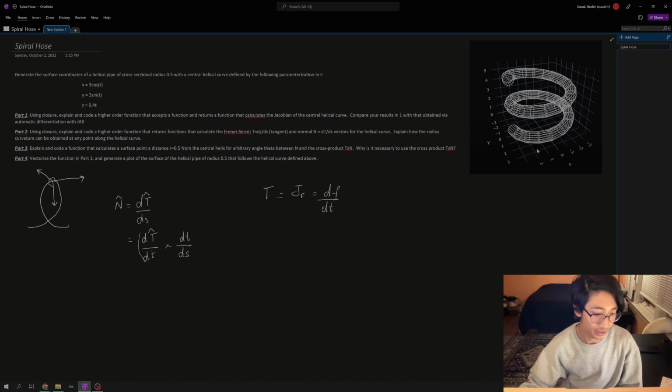Now this term right here is simply another Jacobian, the Jacobian of our function. That will give us the tangent, or it wouldn't give us the tangent, it would give us the derivative of the tangent with respect to time. Now, we can write this as the Jacobian of our Jacobian divided by ds over dt.